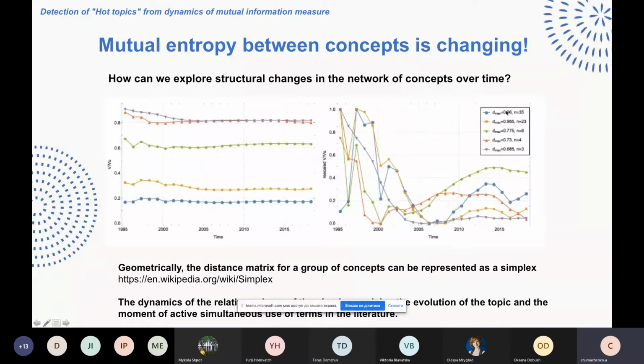We can trace only a certain number of concepts which are initially, at 2018, in some hypersphere with this d max, the diameter, but we don't know, for example, what is happening at the beginning, because maybe these 35 or 23 concepts were absolutely unrelated at this point, and the dynamics that we have here are just the simple fact that they start to be mentioned together, and the corresponding simplex starts to be smaller.